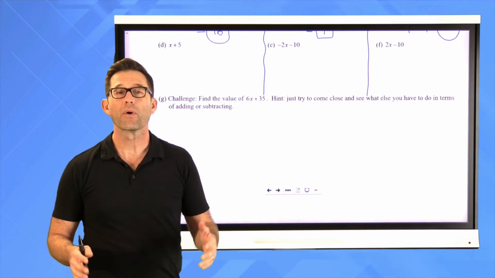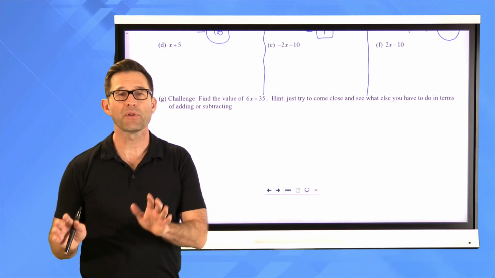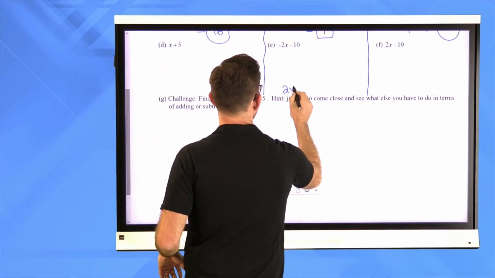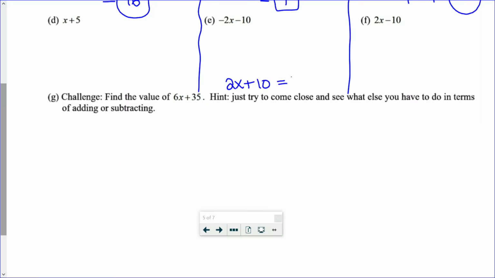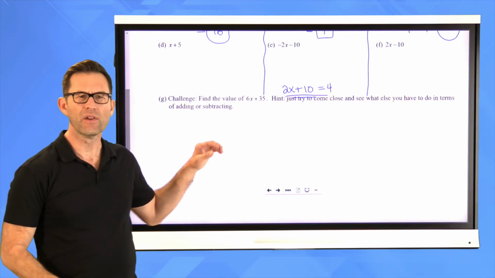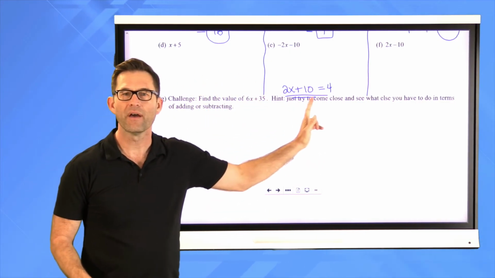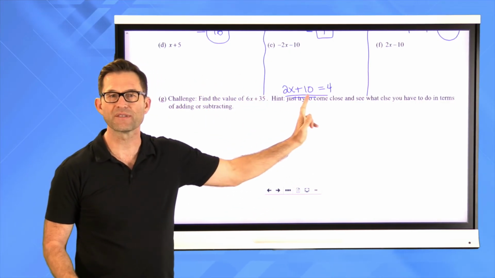All right, remember what we know. 2x plus 10 is equal to 4. Maybe I'll write that right here. I want to keep this in my mind. So then I look at x plus 5. Now, how does x plus 5 relate to 2x plus 10?